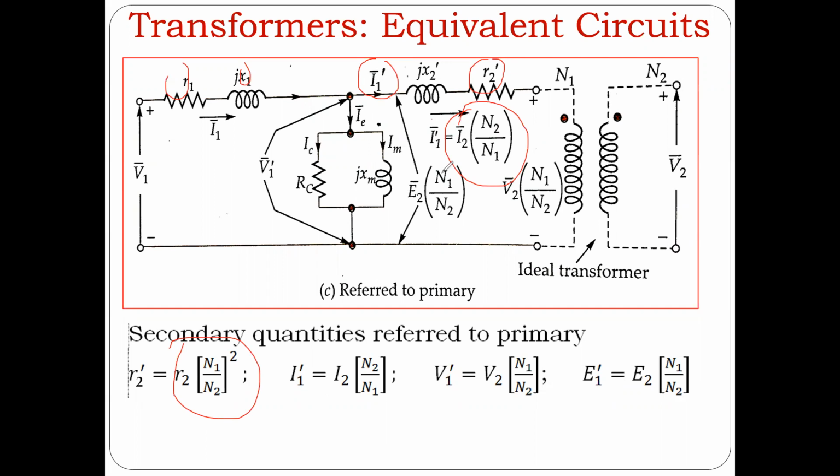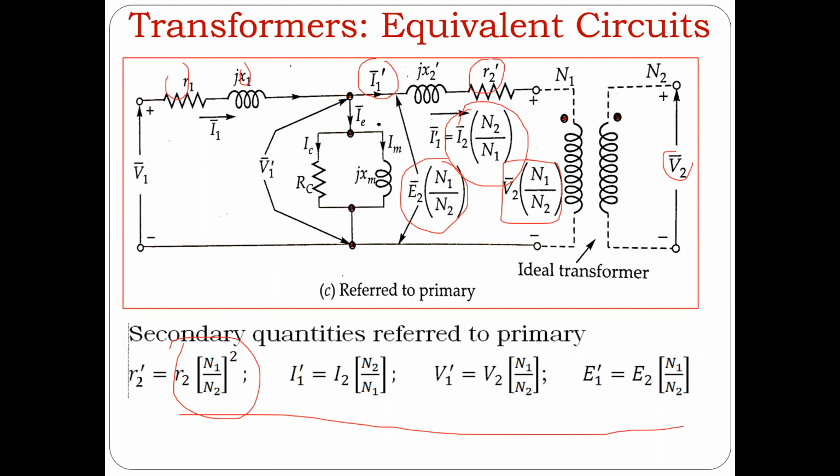E1 remains the same, but E2 would become something like this. V2, this is how it will take the new values. And as you can see, we have not overruled any of these laws. This is something that we have derived before. It's just that the quantities have been transferred from the secondary to the primary. And you can do vice versa.